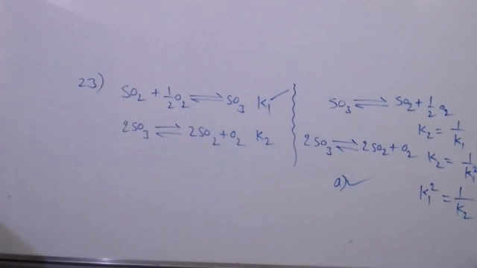So 24th. 0.023 gram sodium metal is reacted with 100 centimeter cube of water. The pH of the resulting solution is? Okay, first we have to calculate how much sodium hydroxide is formed, and that is the OH minus concentration. Through that we can calculate the pH of the solution.